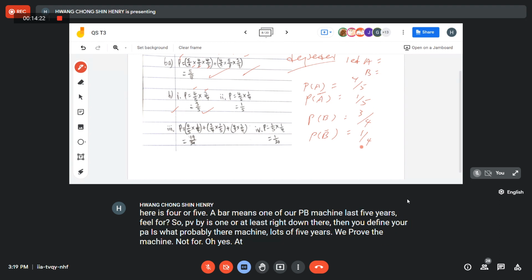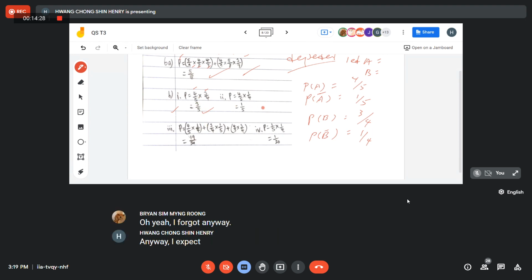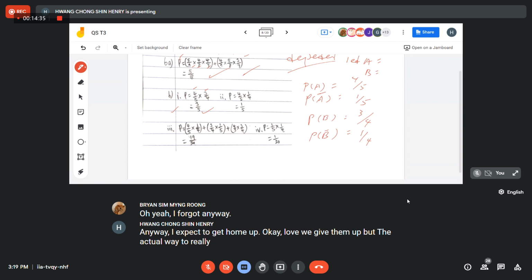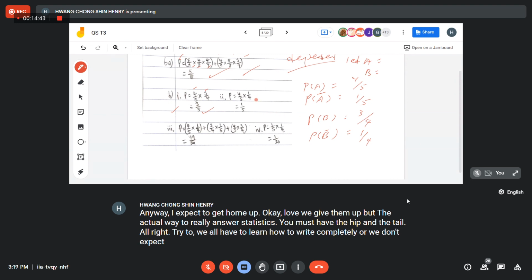The way you all write, you just write the number, then you all expect to get full marks. Okay, we give full marks, but the actual way to answer statistics, you must have the head and the tail. You all have to learn how to write completely. We don't expect perfect, but at least do something like this.